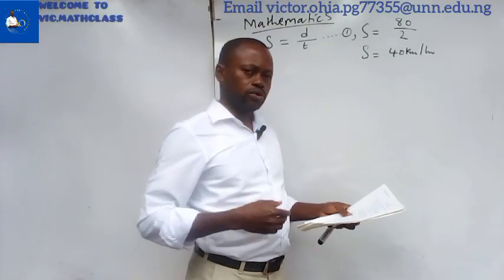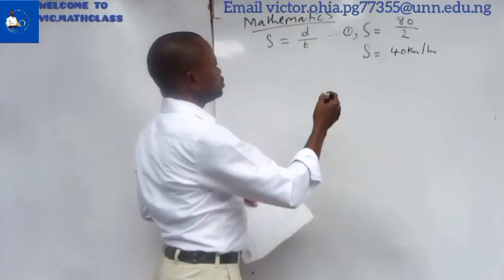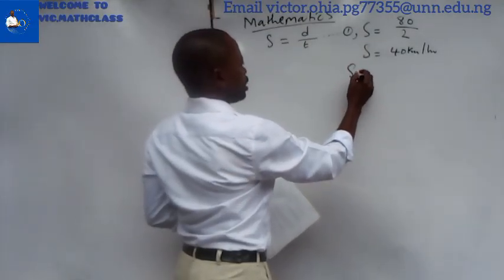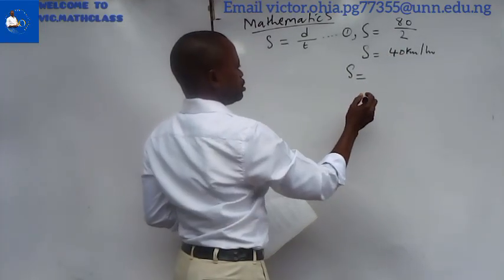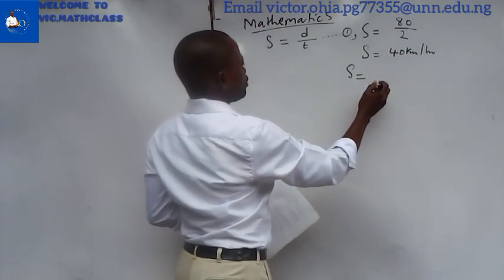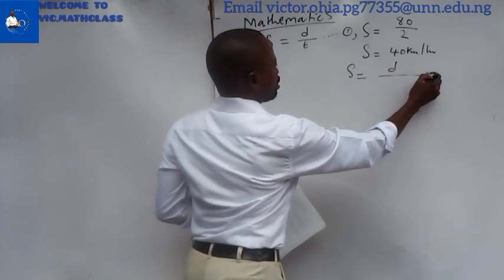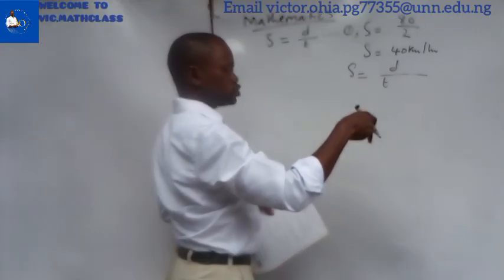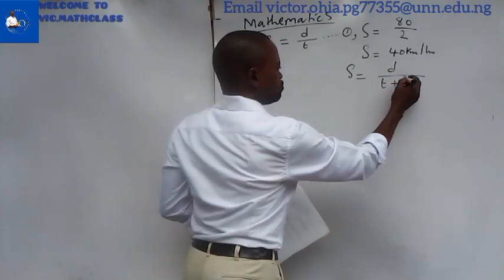Now, how are we going to present it in this mathematical expression? If he maintains this speed S and continues driving at 40 kilometers per hour, he is going to arrive at a time t, which is the supposed time of arrival, but it will be plus 15 minutes.